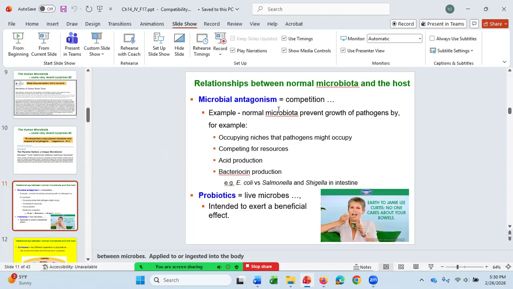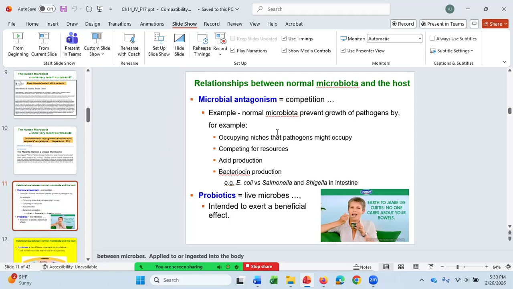It can help us defend ourselves from a human pathogen. And that we call microbial antagonism, competition between two species of bacteria or other microbe. The normal microbiota can prevent the growth of pathogens by occupying the niche the pathogen might occupy. On our skin, like my skin here, I have normal microbiota there.